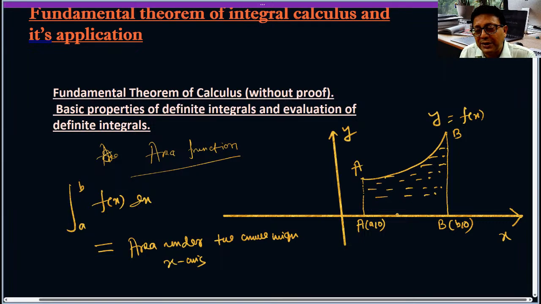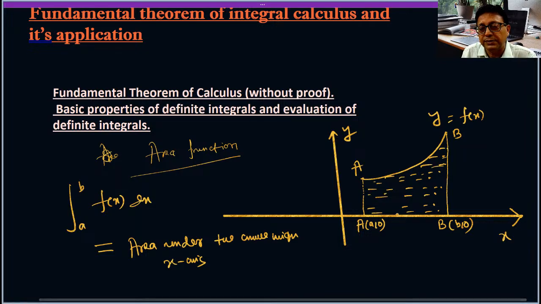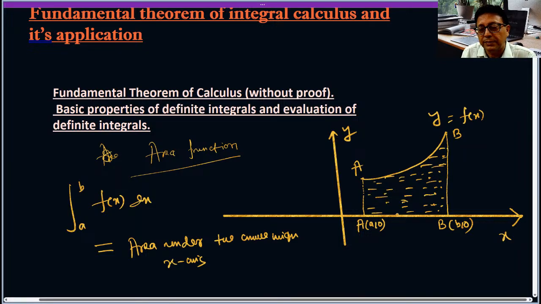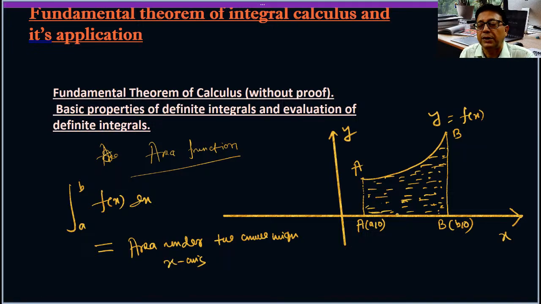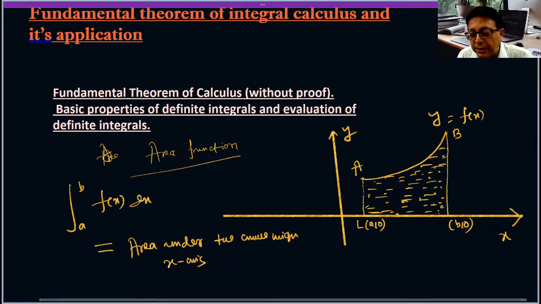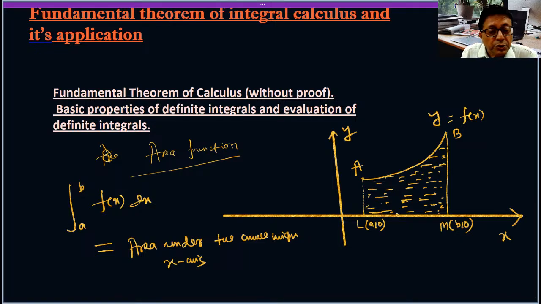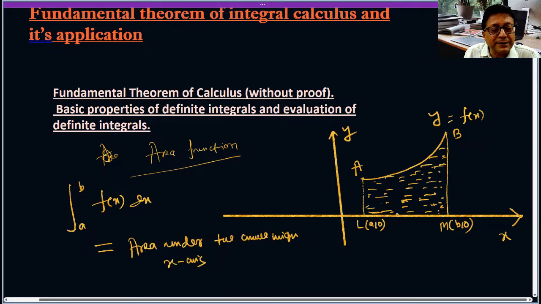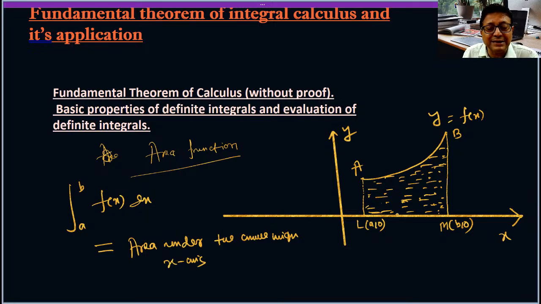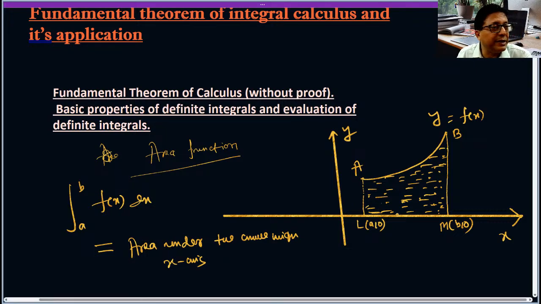This area with the x-axis is the area under the curve. You don't take AB because already you have taken that, so you name this one as LM. So the area, A to B f(x) dx, the area under the curve with the x-axis, is given by this. If we evaluate the integral within limits, then we get the area.